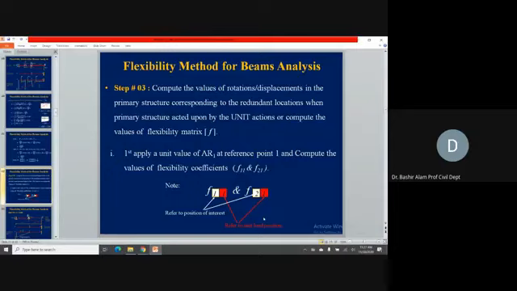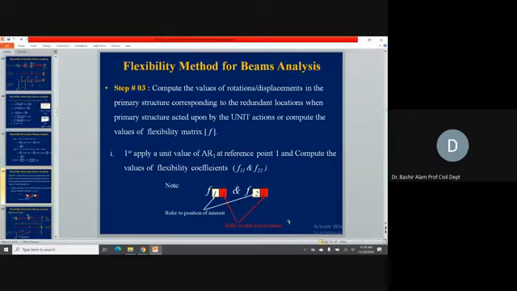Already we discussed what the first subscript is showing and what the second subscript is showing. If you see here, the first subscript, shown by the white color in this box, refers to the position of interest where we are finding the displacement. The second subscript shows the unit load position where the unit load is applied.